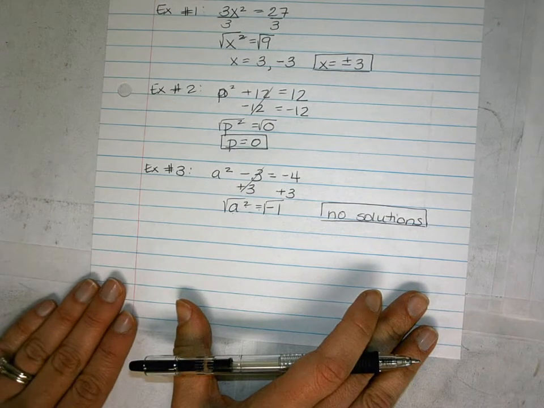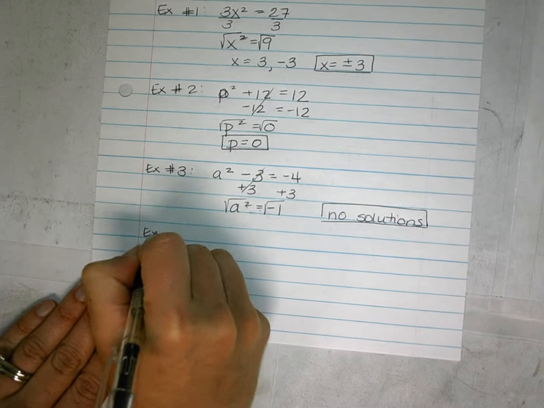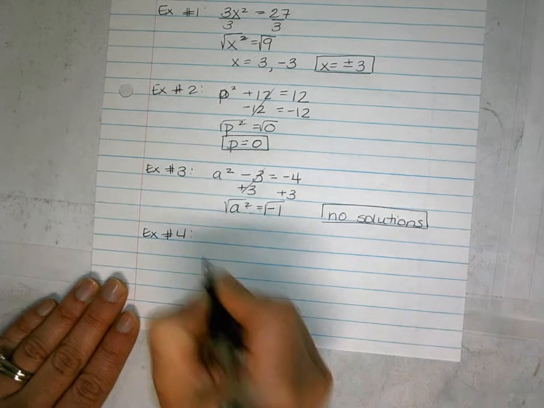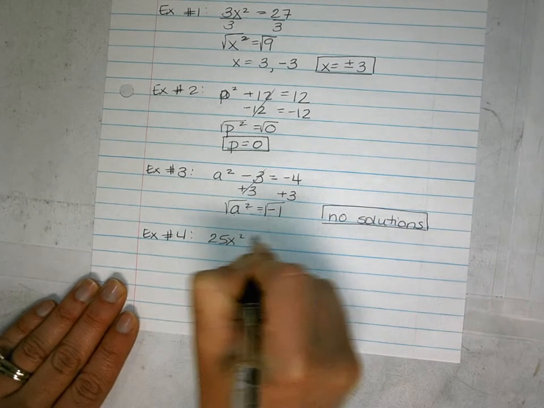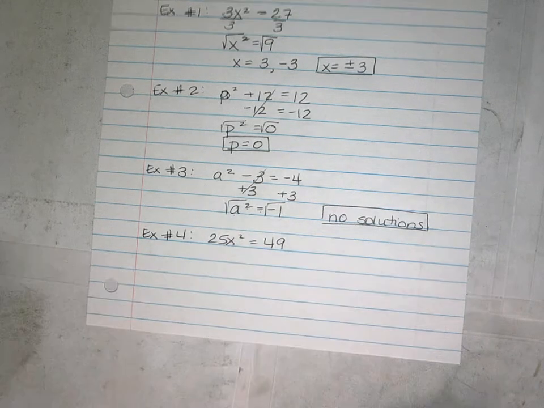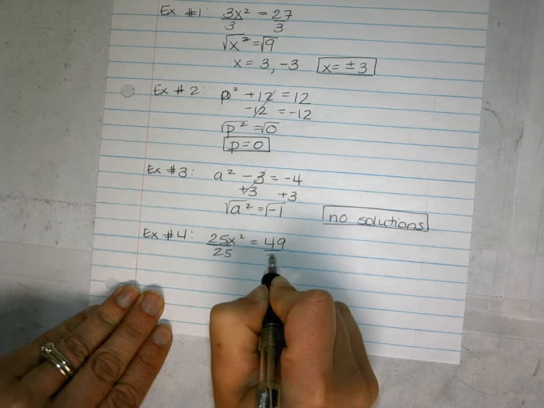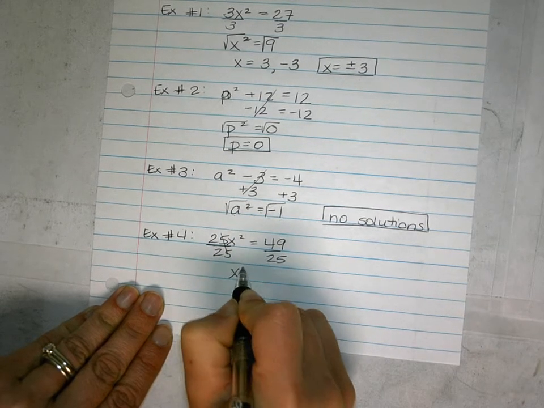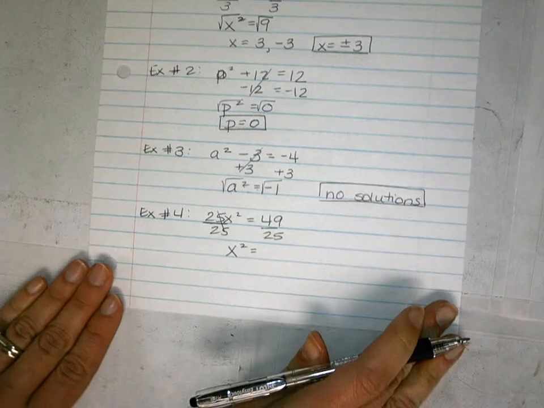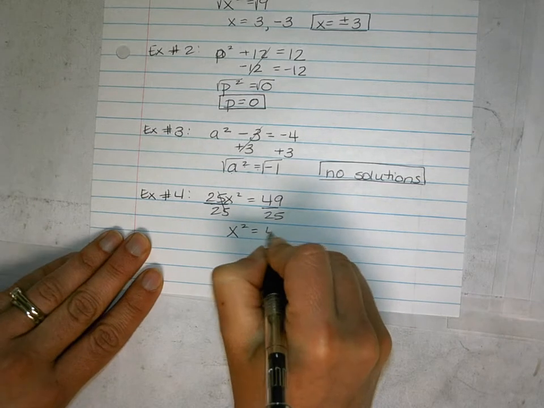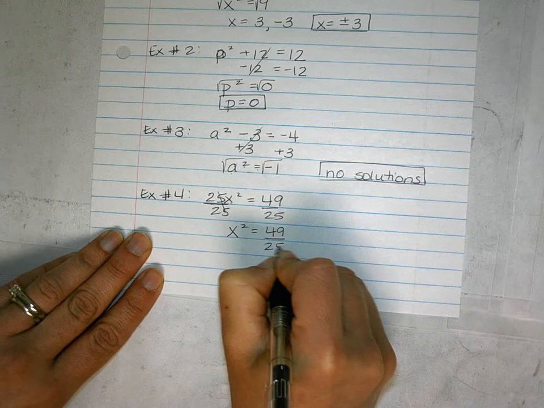Okay, I have 2 more examples for you. Example number 4: 25x squared equals 49. First step, isolate the x squared, so divide both sides by 25. We get x squared equals 49 over 25. Now 25 does not divide evenly into 49, so we can leave that as a fraction.